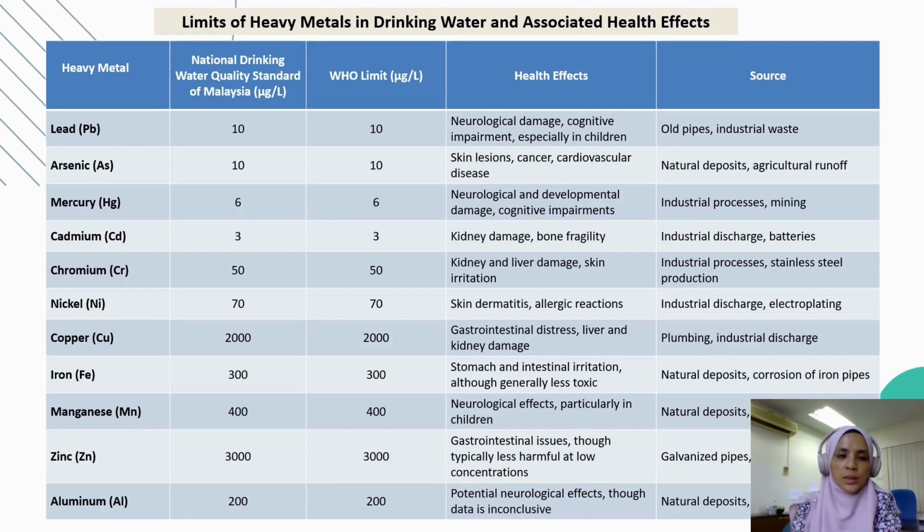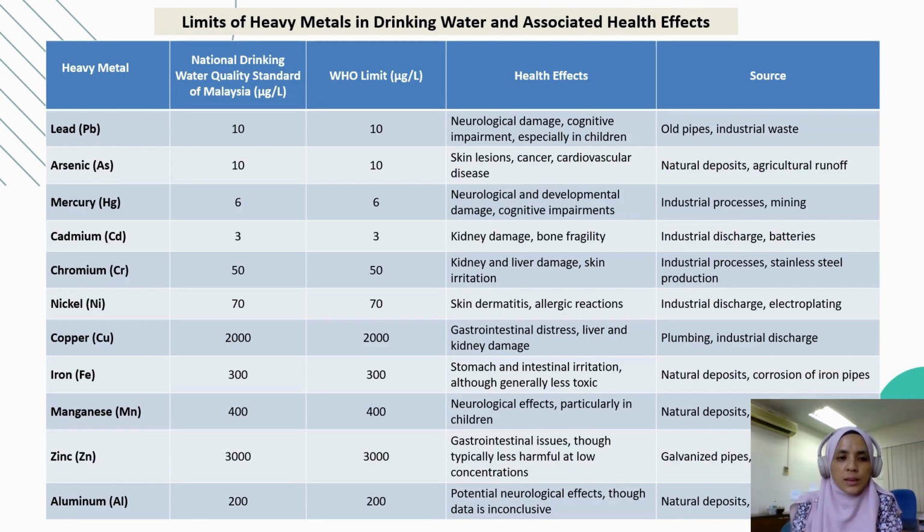The limit for NDWQS is 10 microgram per liter, the same as the WHO limit, also 10 microgram per liter. And the health effects of lead, okay, neurological damage, cognitive impairment, especially in children. The source is coming from old pipes, industrial waste, and others.